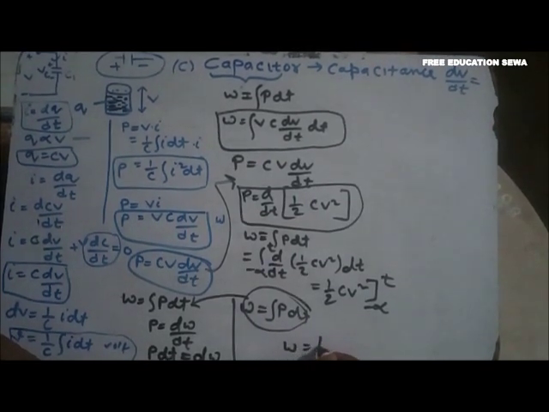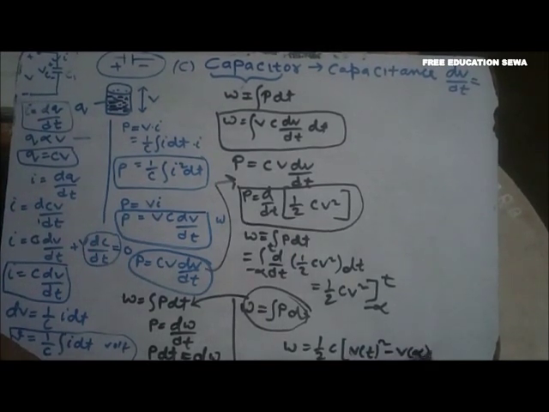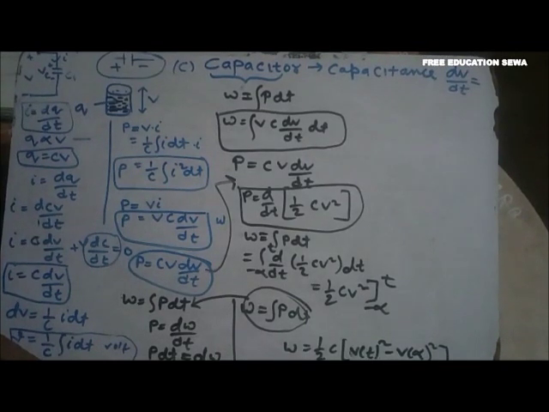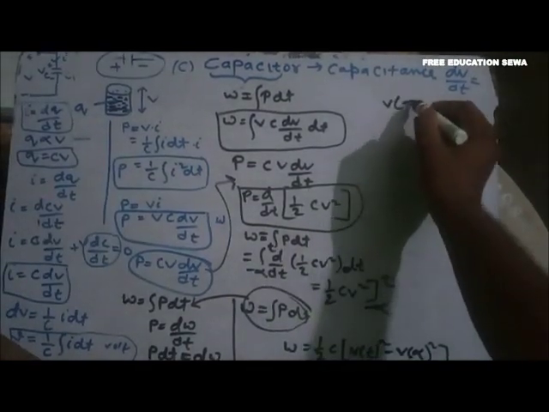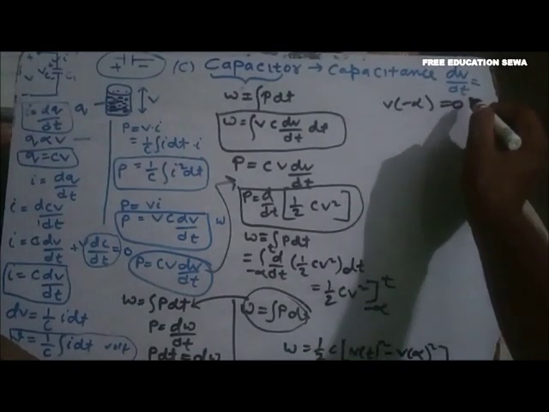Or W equals half C into V(t) square minus V(minus infinity) square. This is the important formula. If the initial voltage is assumed as 0, then V at minus infinity is 0 volt.